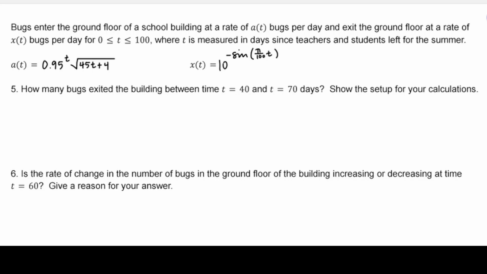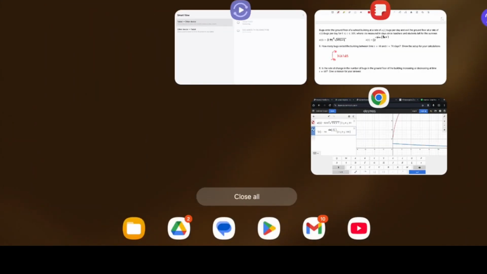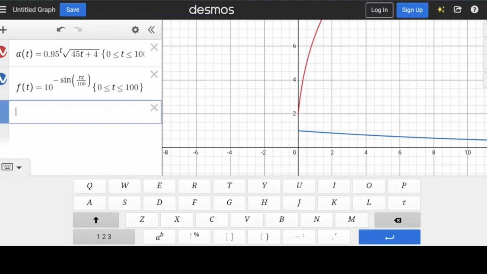But, okay, if we're interested in how many bugs left the building between time 40 and time 70, we're going to integrate rate out. So that's from time 40 up to time 70 on x of t dt. I renamed it to f in Desmos, but I'm still going to call it x on my paper, because if I wrote f, nobody would know what I was talking about. Okay.